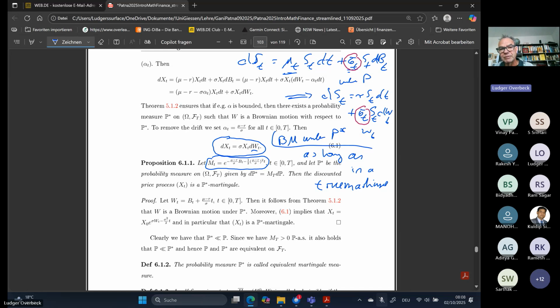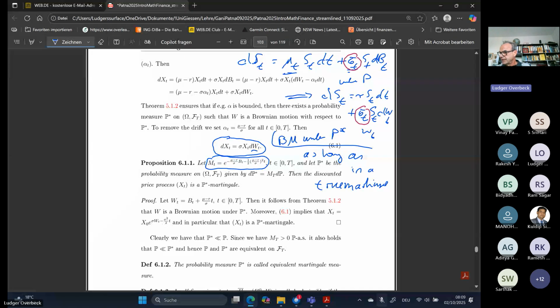It looks a little more complex, but the basic idea is that the drift always becomes a riskless drift, and only the volatility or the diffusion term remains the same under the pricing measure. This later becomes important when we talk about implied volatility.